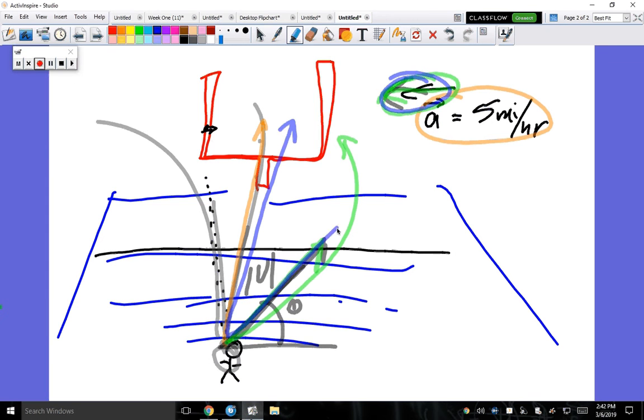As I kick it here, the wind is blowing here, and what you will actually see on videotape is the trajectory right there. So it's multiple forces acting on something at the same time to tell you where that ball or that rocket or whatever it is that you're doing is going to end up. Now that's at the end of the unit. I just wanted to show you what the use of this is for.